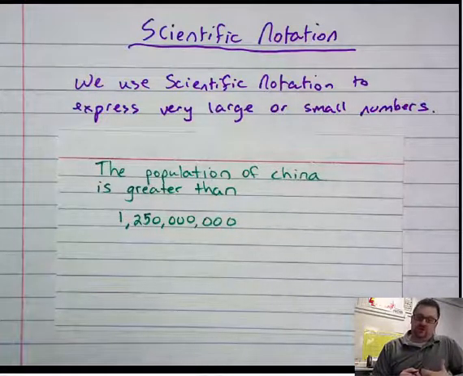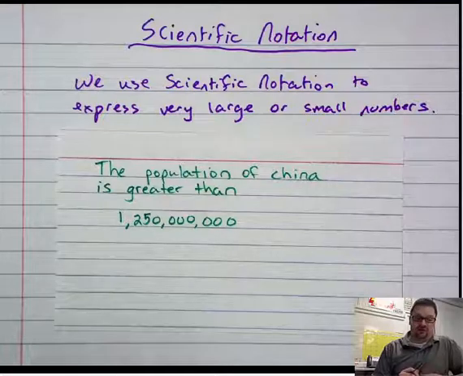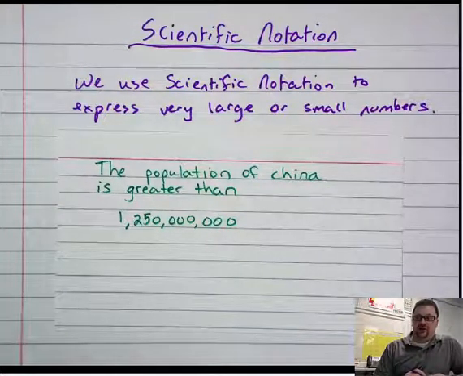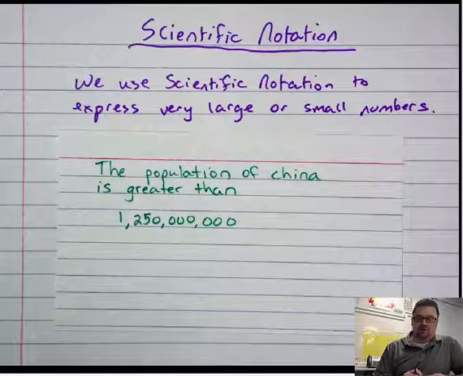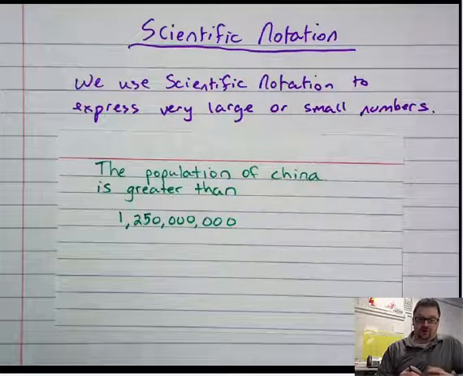Your calculator is not going to be able to handle it. If you try to do it by hand, it's going to be incredibly challenging to do, take a long time, and it's really not worth your time. So we have this thing called scientific notation where we can write this in a much smaller and easier way to make the numbers easier to handle.